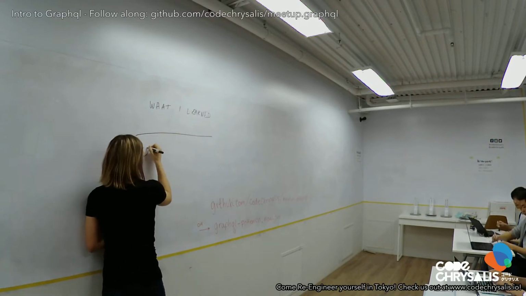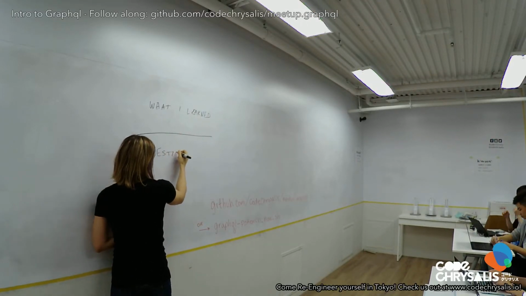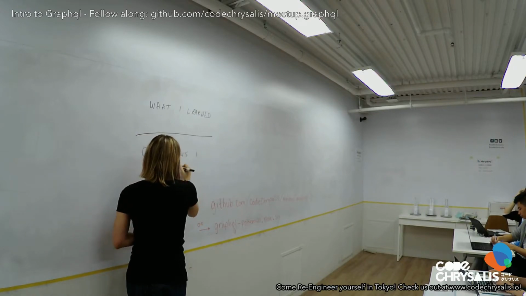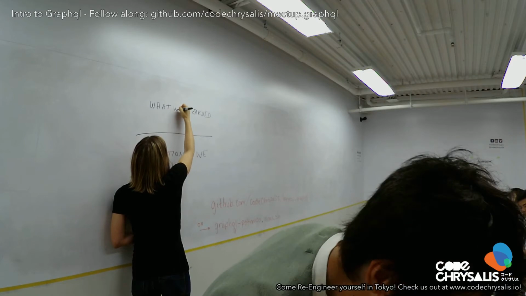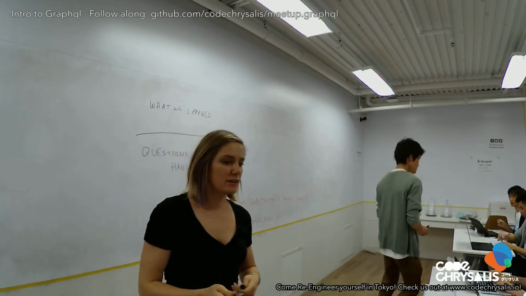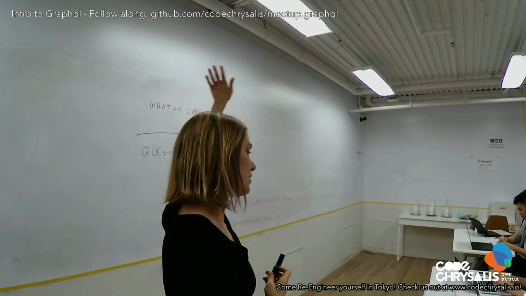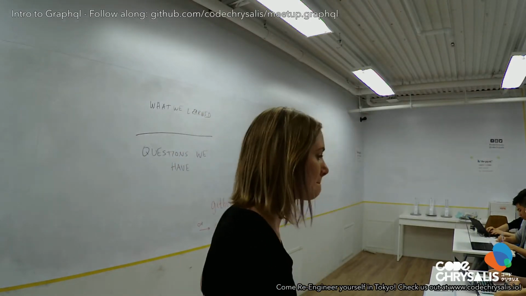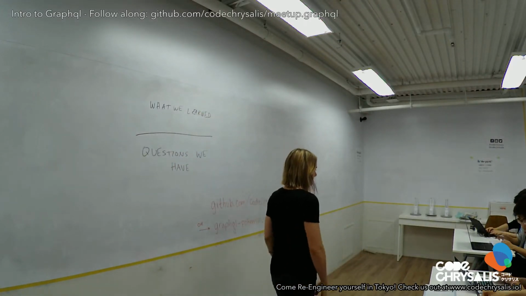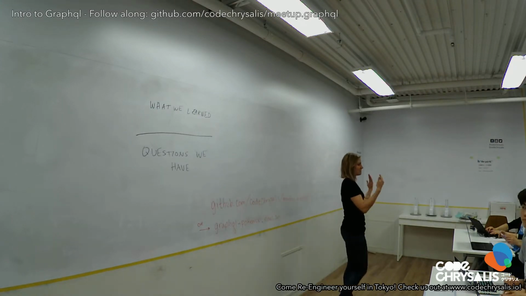And on the bottom, questions I have. With your partner, on your whiteboard, write down what you learned together and questions you have at the bottom. Take about 2 minutes. Partner exercise, you have to talk to each other.